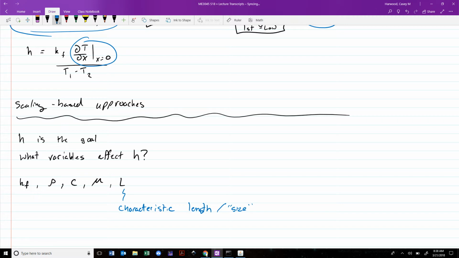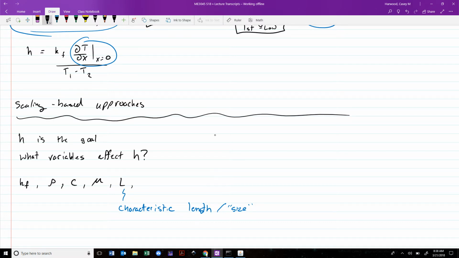If we're talking about flow around a sphere, L would be the diameter of that sphere. So L is just a placeholder for whatever length scale is important to the problem at hand. Don't take this too literally to be L exactly. We might replace that with a diameter or a distance, on a case-to-case basis.